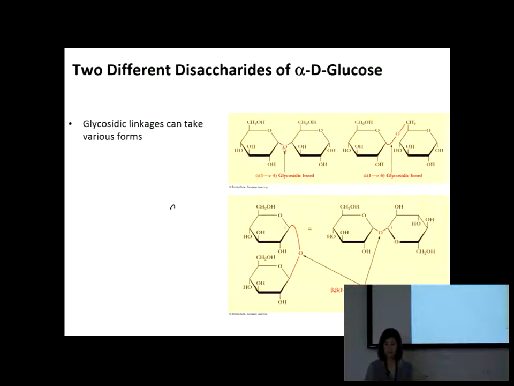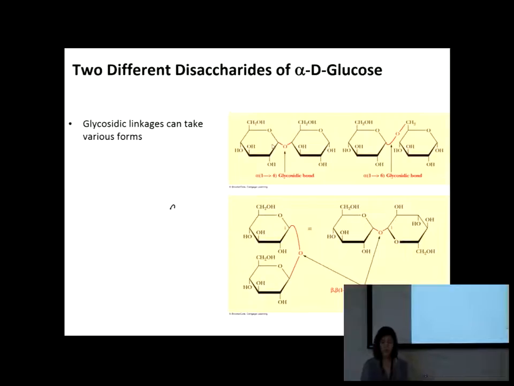So this is alpha because this is pointing down. And then you number it. First you number the anomeric carbon on the first sugar, and then you number the carbon that the OH has bonded to. So here, this is carbon number 1 on this sugar, and this is carbon number 1, 2, 3, 4 on this one. So this is an alpha 1,4 glycosidic bond.